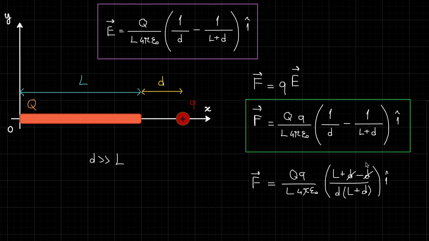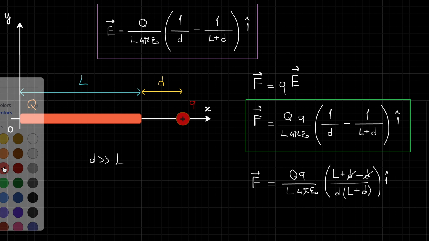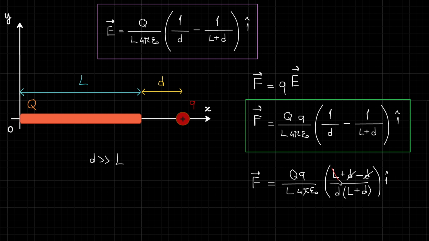These cancel, and we have capital L left in the numerator, which cancels out with the L in the denominator. So we have a 1 remaining in the numerator inside the parentheses. And let's take a look at the denominator. We have d times L plus d.